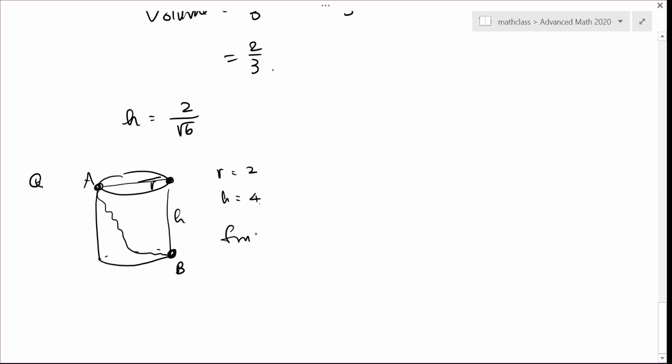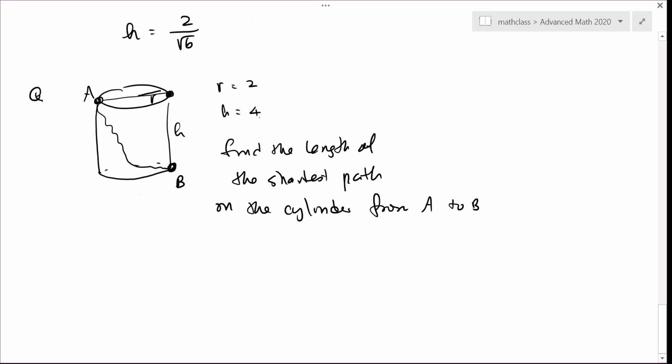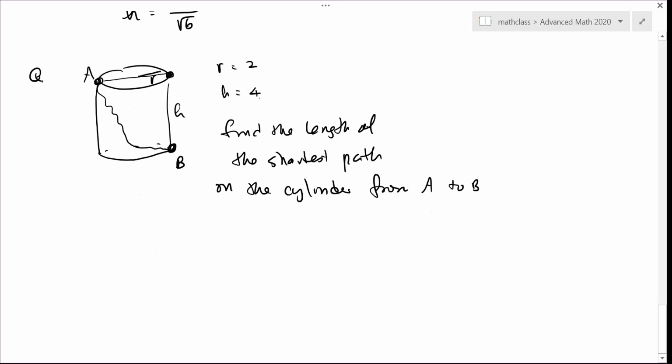Find the length of the shortest path on the cylinder from A to B. So if an ant wants to go on the surface of the cylinder from A to B, along which path will it take the least time?